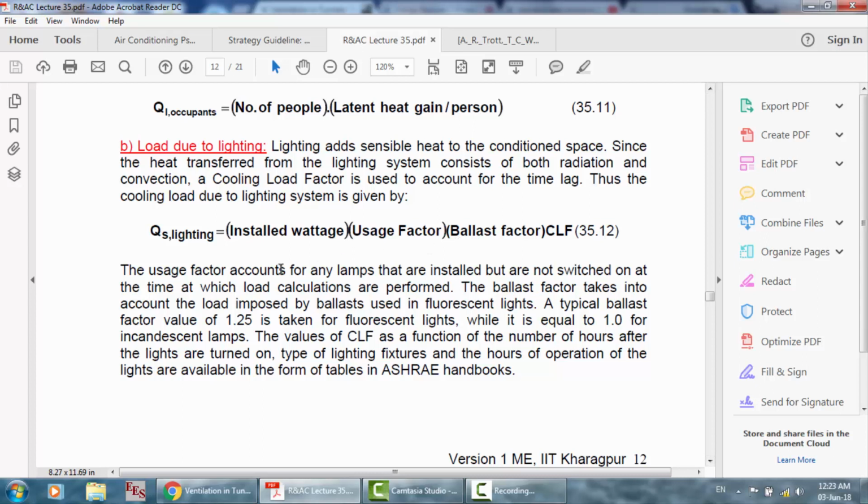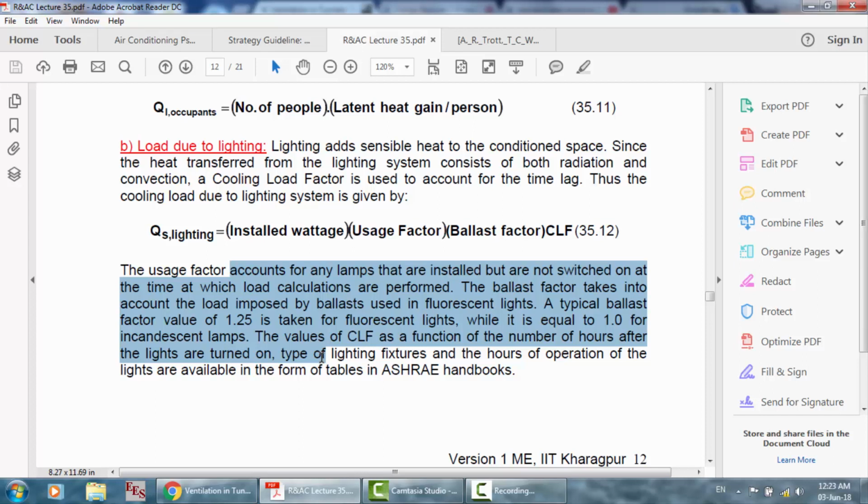So the usage factor accounts for any lamps that are installed but are not switched on at the time at which load calculations are performed. The ballast factor takes into account the load imposed by the ballasts used in fluorescent lights.